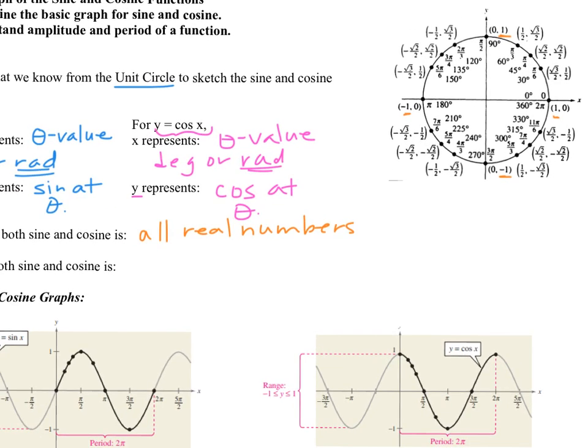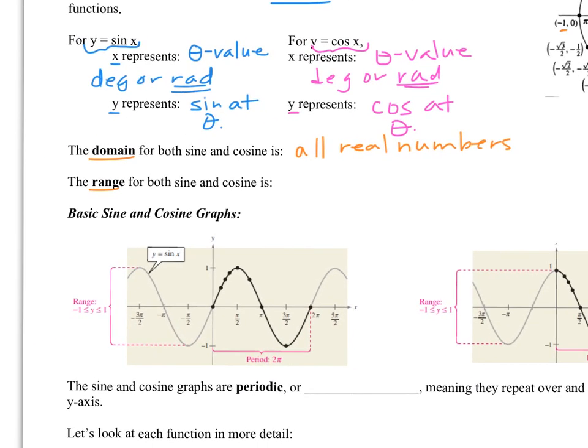What that means for our parent functions for both sine and cosine, the range is going to be any values from -1 to +1. That's for just the basic function. After we apply transformations, the range can be changed.